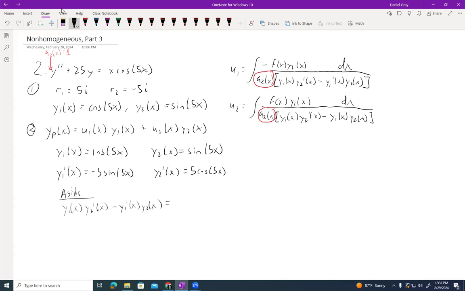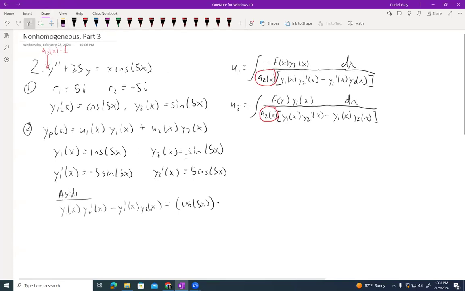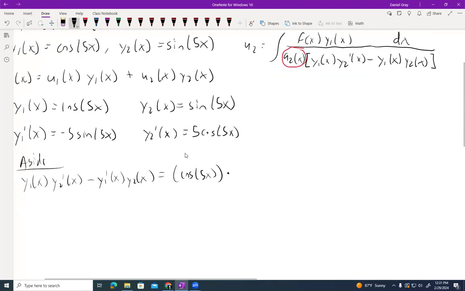Just go ahead and plug this in, right? Our y1 of x is cosine of 5x, right? Times our y2 prime of x. Let me kind of zoom in a little bit here. Our y2 prime of x is 5 times cosine of 5x, okay? Minus, now our y1 prime is negative 5 sine of 5x times our y2 of x is just sine of 5x.